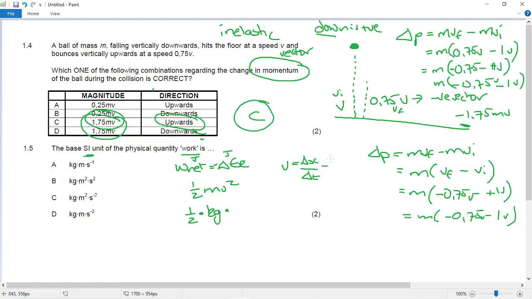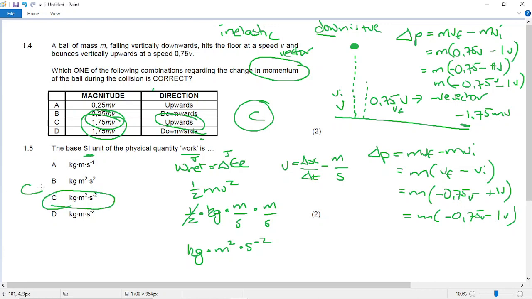We measure displacement in meters and time in seconds. So I have v squared, so it's meters over seconds times meters over seconds. The half has no unit. I've got kg, meters times meters, over seconds squared, which we write as seconds to the minus 2. So this corresponds with the answer C.